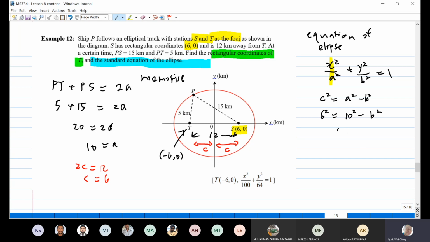So you get b squared equal to 10 squared minus 6 squared. b squared is 100 minus 36, you get 64. So b is equal to 8 now.